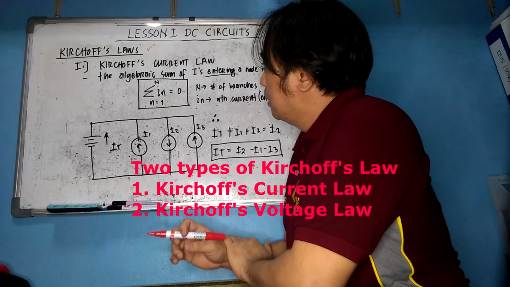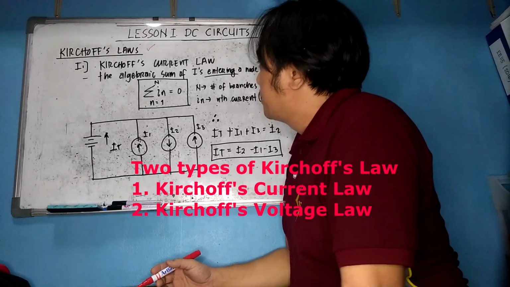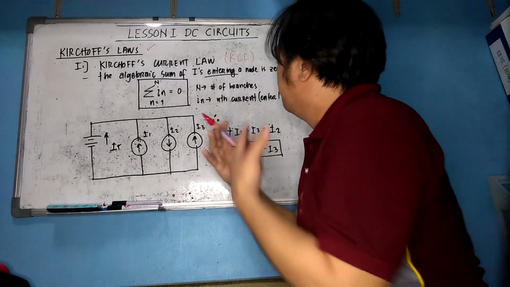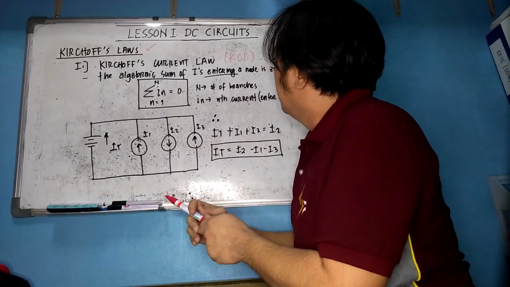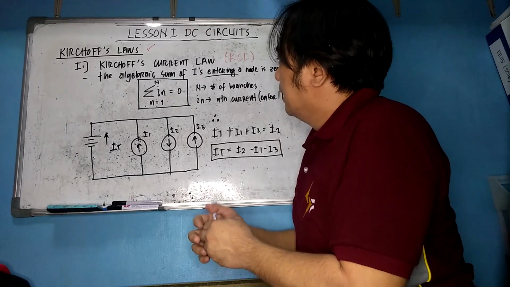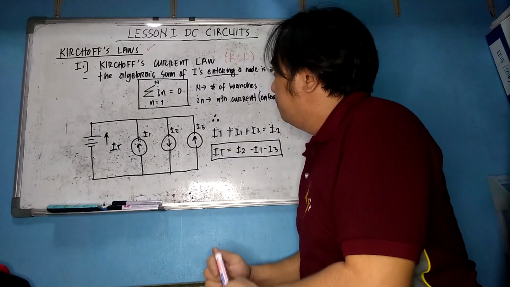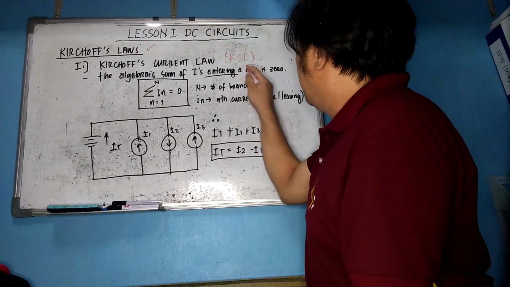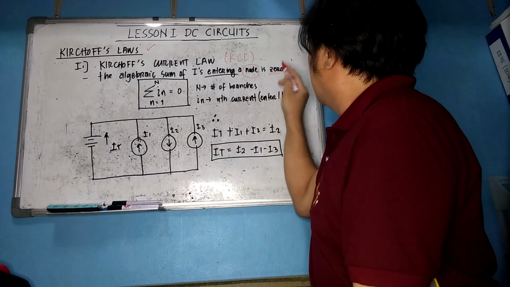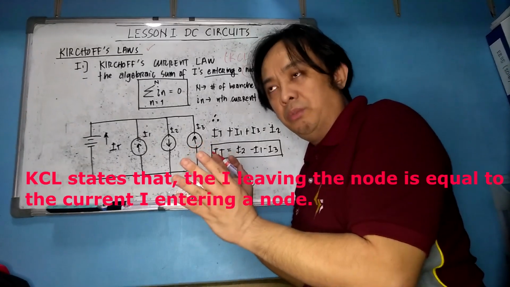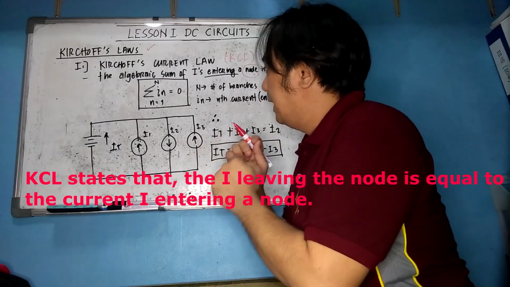So the first law is Kirchhoff's current law. This is also called, in terms of abbreviation, KCL. So KCL is the algebraic sum of all of the currents entering a node, which, when they are summed, or you add all of the currents, must have an answer of 0.